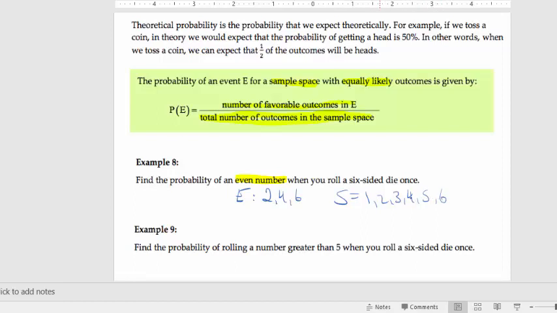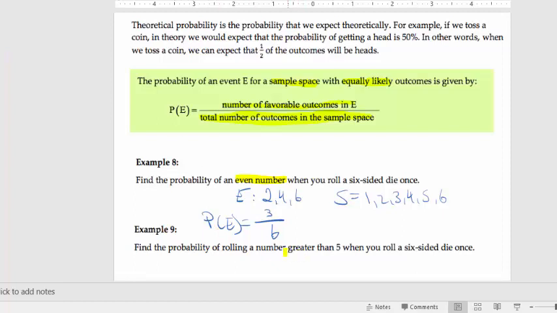So there's 6 outcomes in the sample space, and there's 3 favorable outcomes. So in this case, the probability of this event E is going to be those 3 out of the total of 6. So you can write it as a half, or as 0.5, or as 50%. You can always write it in any of the 3 forms: fraction, decimal, or percent form. All right, so that was the probability of an even number.